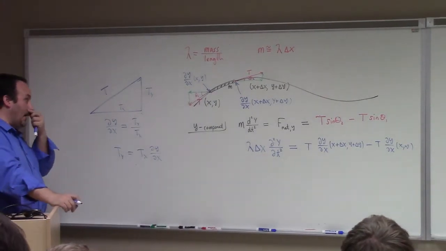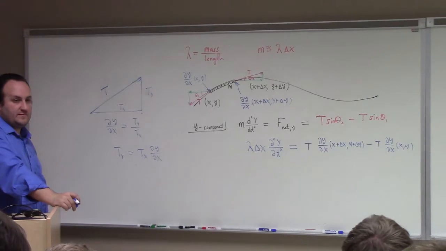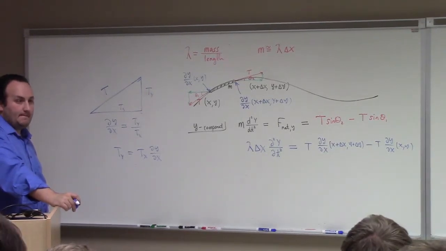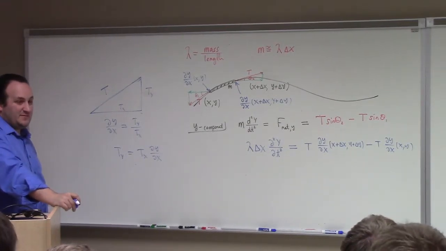So long as theta 1 and theta 2 aren't really large, those are very good approximations. And in the limit, as delta x goes to 0, those become even better.